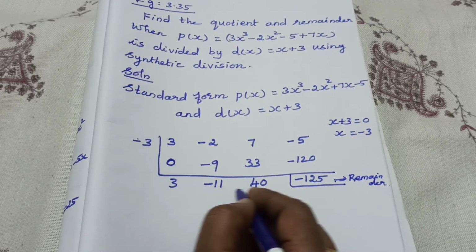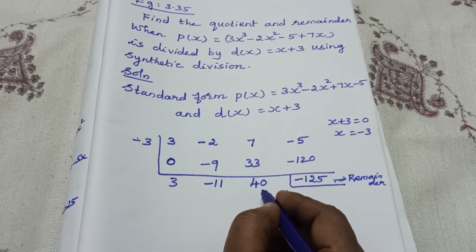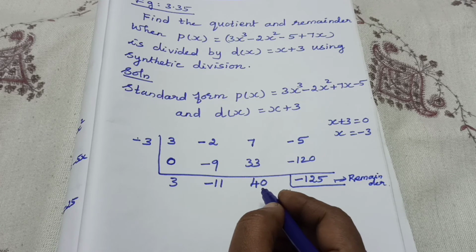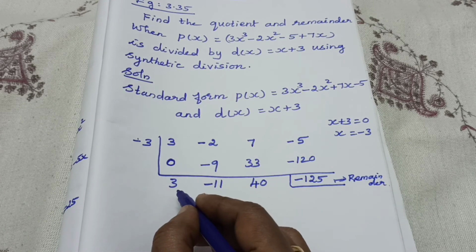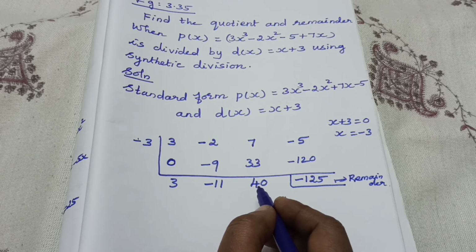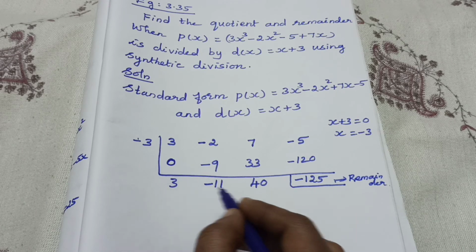The remaining are 3, minus 11, 40, isn't it? And then the third row. This is the first row, second row, third one. The remaining third row of coefficients is the quotient.